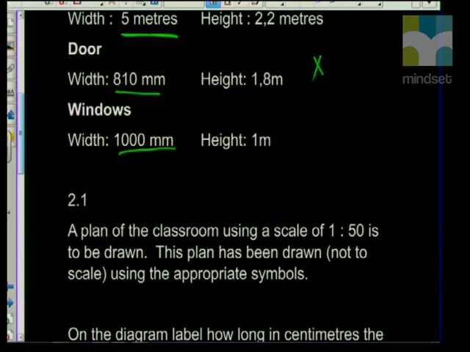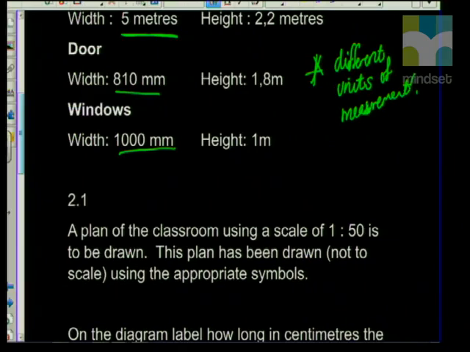Please note that they have given us different units of measurements, so we need to always remember that we need to convert to similar units when we're actually working with these things. Okay, so let's have a look.